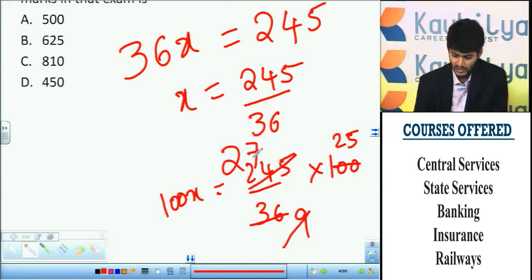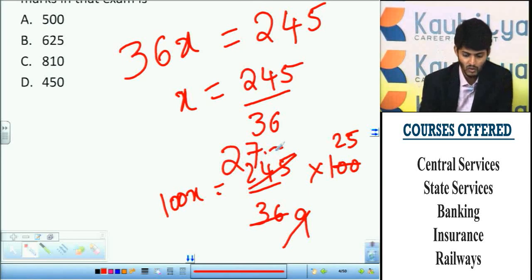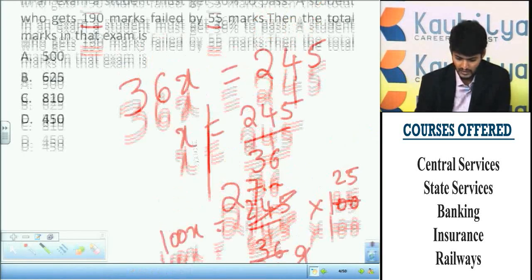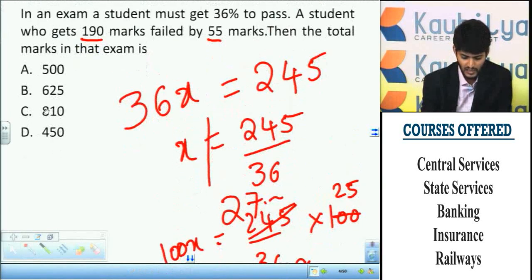So you can see 27 point something into 25. So it is close to 25 square. 25 square, as you are aware, would be around 625. Since this is above 27, the answer would be more than 625. As we can see in the options, the only answer which satisfies my criteria is 810. So this would be your answer in this case.